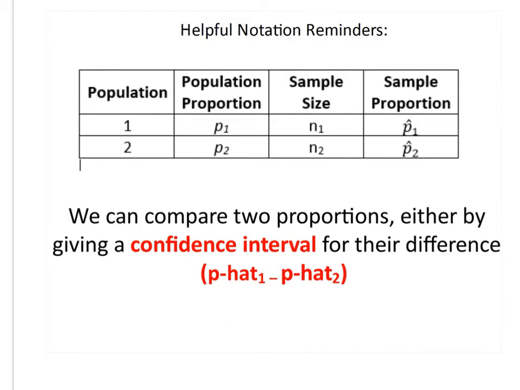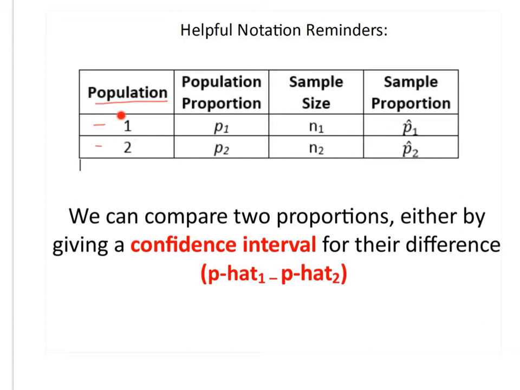So if I think about some notation and kind of think about this big picture before I put calculations to it, I'm going to have two populations, population 1 and population 2. Well, each population has its population proportion, or the true percent of the population who meets some characteristic of interest.